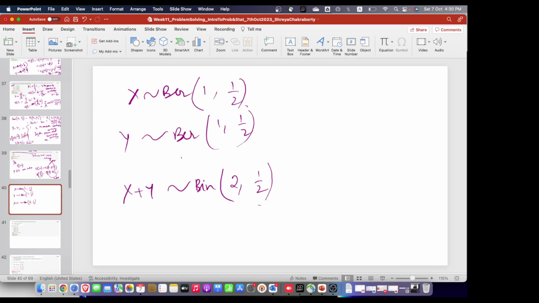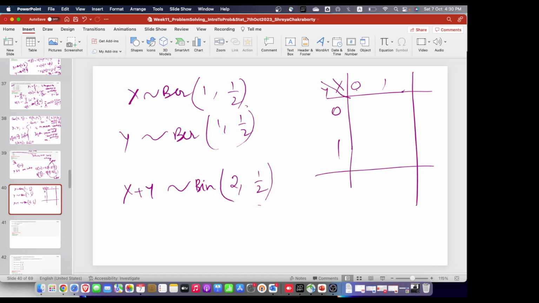Now x can take values 0, 1, and y can also take values 0, 1, each with probability half, so each combination has probability 1/4. This is an independent setup.